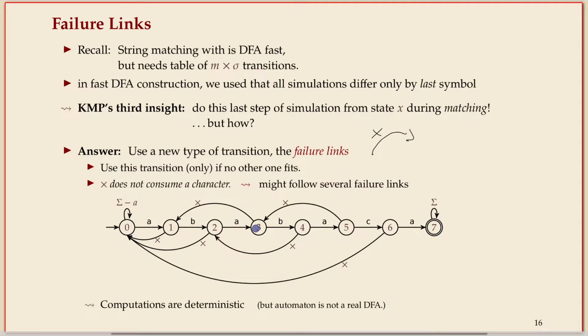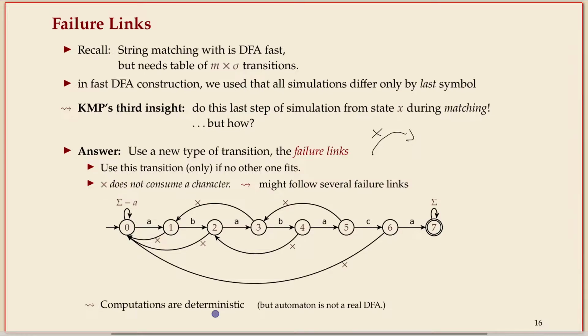So you don't declare the C done then, as normally an automaton would. You keep the same character of the text and try again. And that could mean it still doesn't work because you only have an edge for B. So you have to take another failure link and maybe another failure link. And only at this point you can consume the C because this loop edge allows a C. Okay?